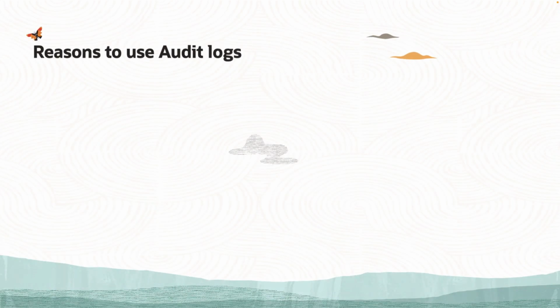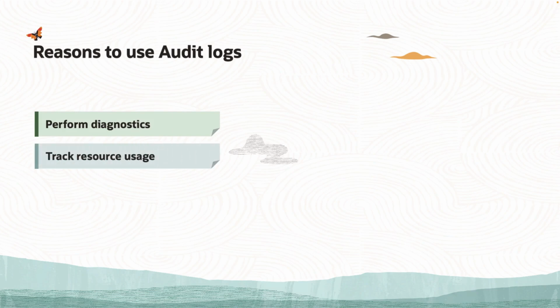Let's look into some of the use cases of audit logs. This data can be used to perform diagnostics of issues and correlate those audit trails together. We can track resource usage consumption. Monitoring compliance is one of the top priorities in security operations, which means keeping up the business standards and reputation for the organization.